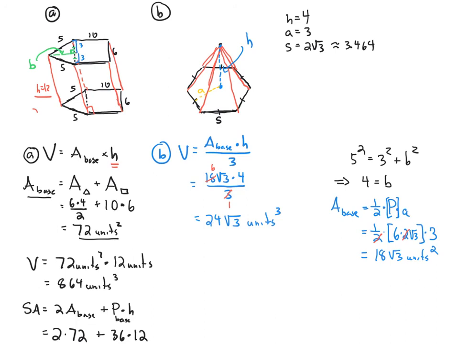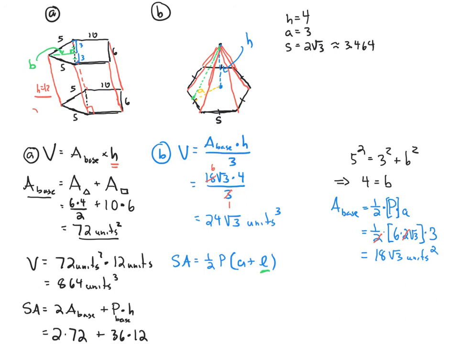Surface area, again, isn't too bad. We have that nice formula. So the surface area, remember, it's 1/2 times the perimeter times the apothem plus the slant height. We don't have the slant height, so we're going to have to solve for it. Remember, the slant height goes from the top of the pyramid down the side of it to the midpoint of one of the sides.